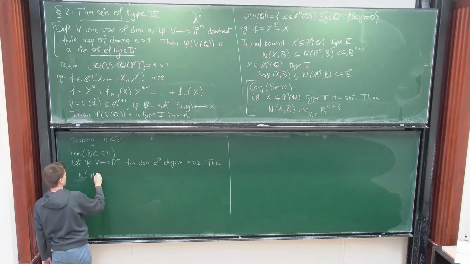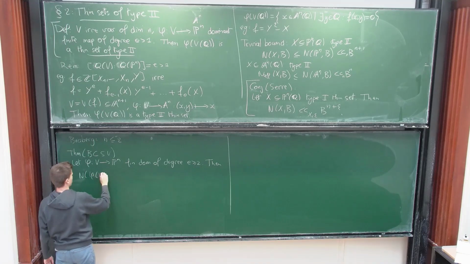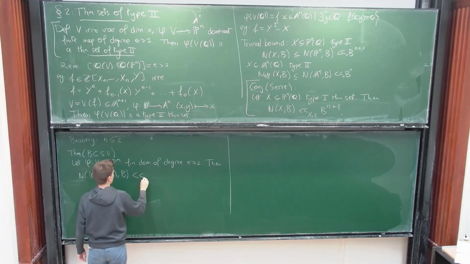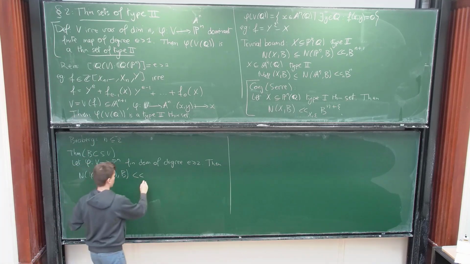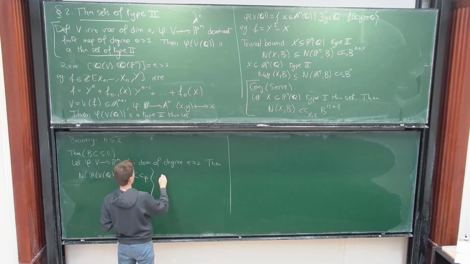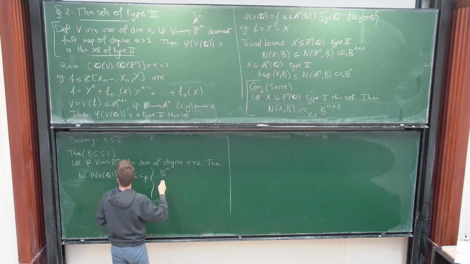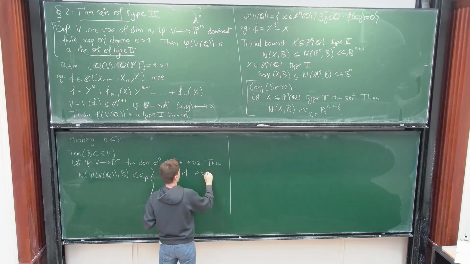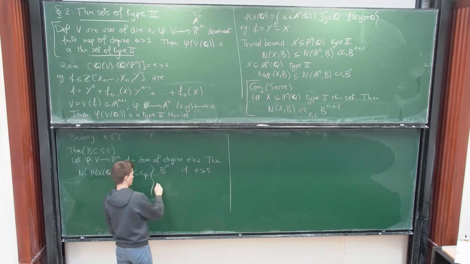Then the number of rational points of height at most B on the corresponding thin set is bounded by B to the n if the degree is at least 5.